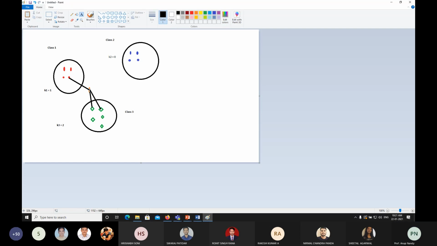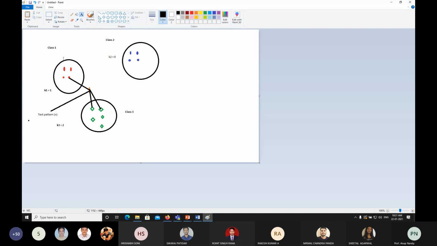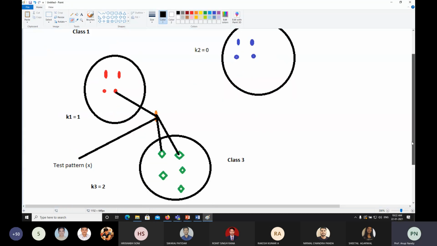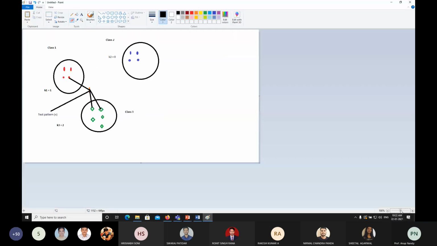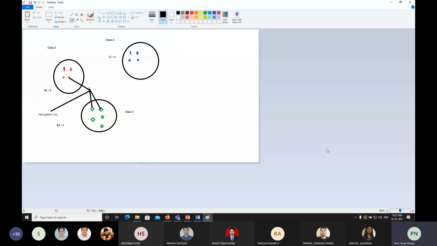And this point is a test pattern, so that is X. So can you see this?